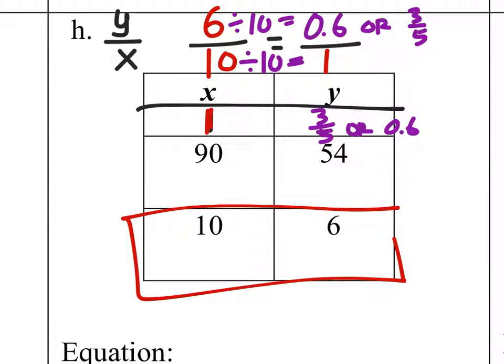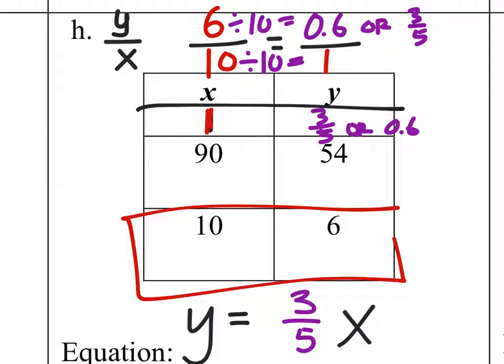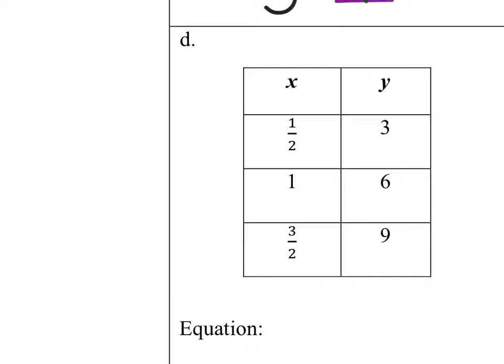So the equation is y equals, what's the coefficient of x? 3/5, or yeah, you could write y equals 0.6x. Either one of these two will work. When writing an equation with the table, here's all we got to do, okay?